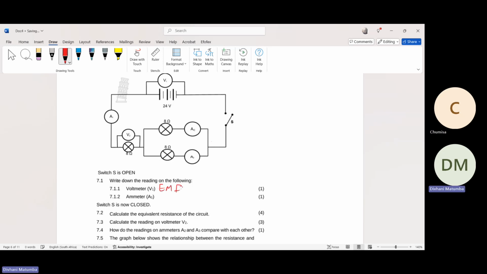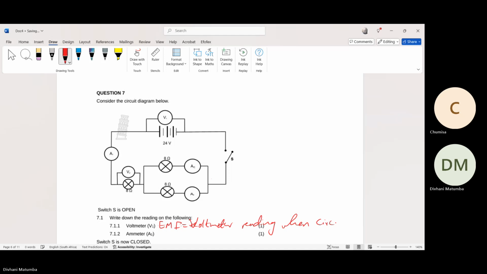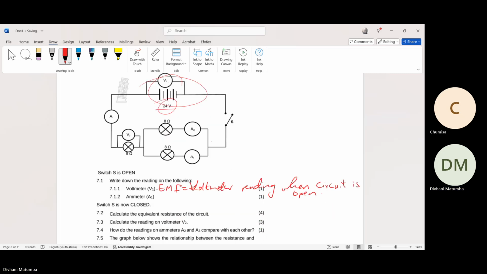The EMF is the voltmeter reading when the circuit is open. So what we're going to read on V1 is simply 24 volts.